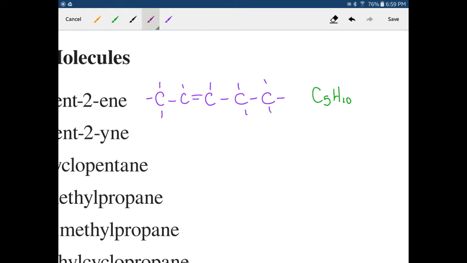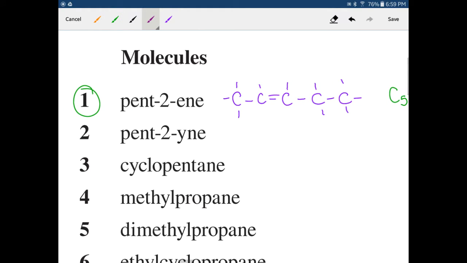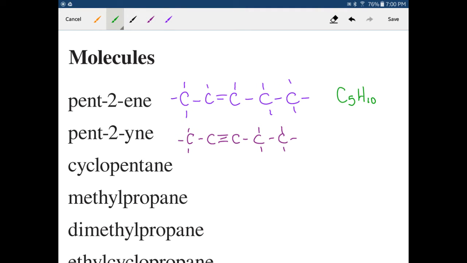Pent-2-yne, I'll alternate colors here. Pent-2-yne, 1, 2, 3, 4, 5. This guy has 3 bonds, 1, 2, 3. So again, if I count, I have C5. There's a few ways to go about this.